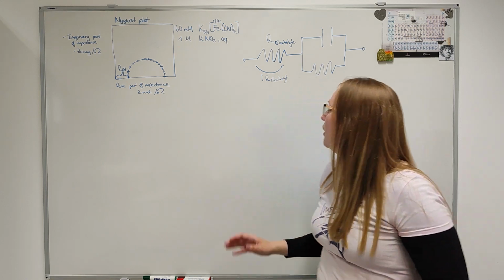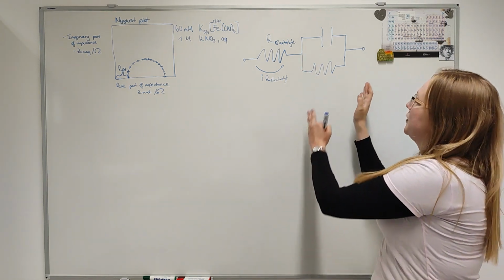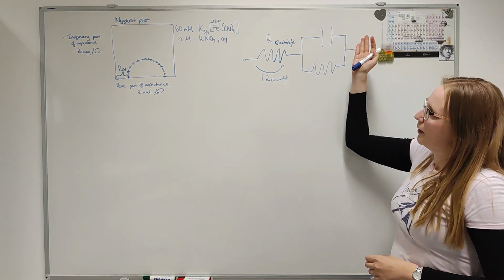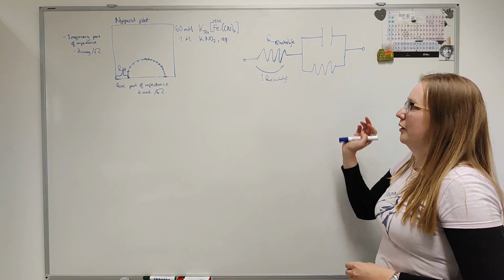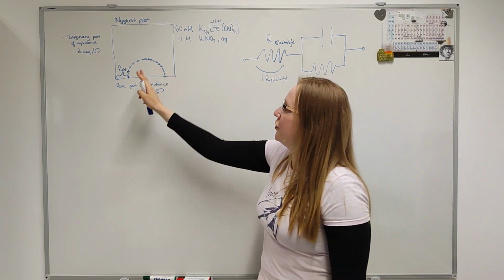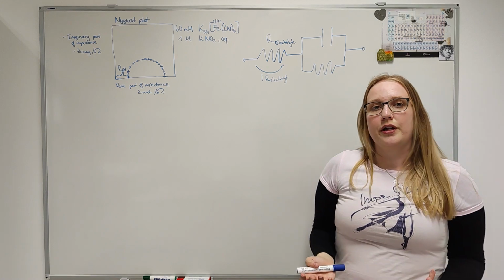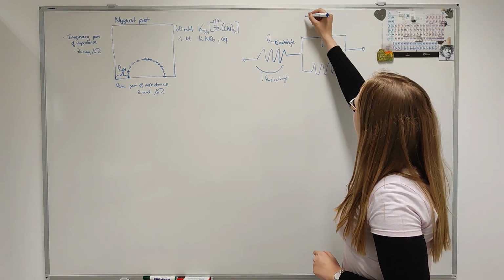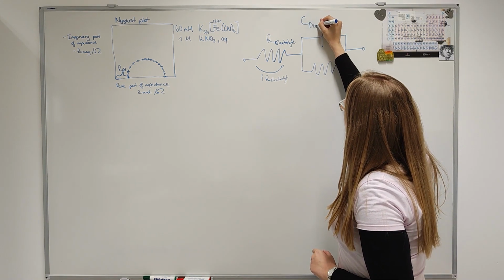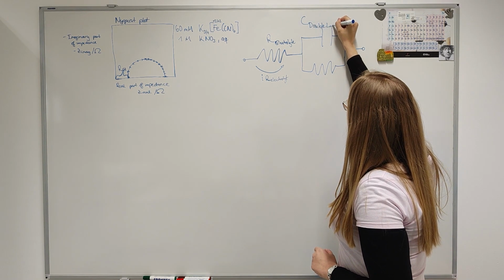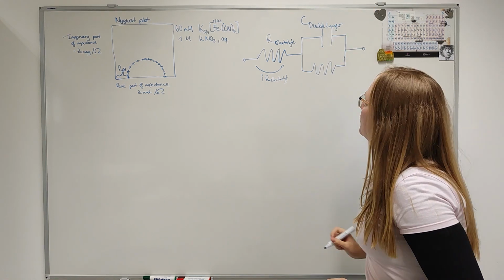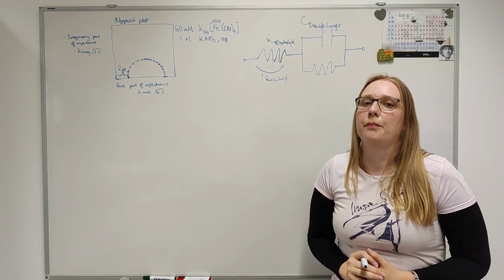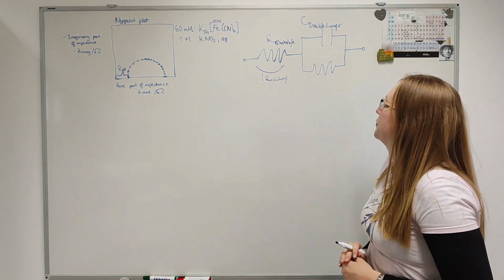So we made it through this part. Now let's look at our actual interfacial behavior. So here we had a capacitor in the electrical circuit to get this feature of the semicircle. In our electrochemical system, this is most likely the double layer capacitance. So let's think about if we could somehow get this from our measured impedance spectrum.